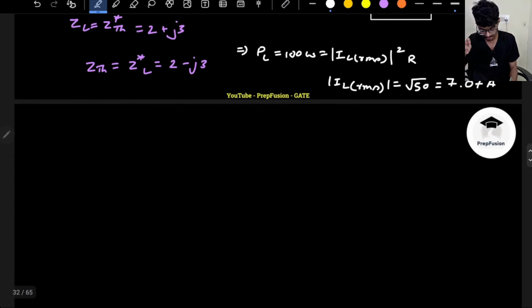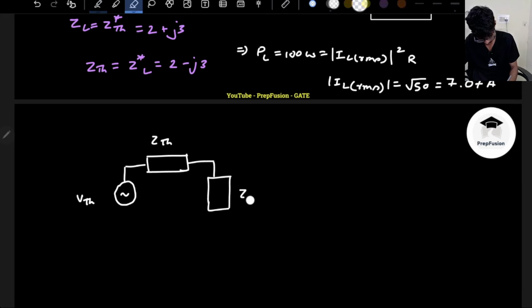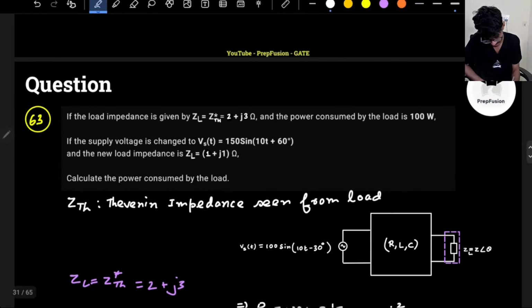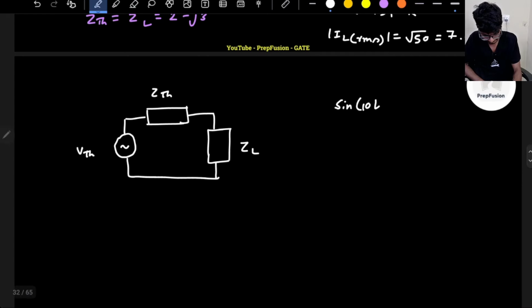Now I can replace my equivalent circuit with VTH. This will be my VTH, this will be my ZTH, and this will be my ZL. Remember, I have to assume a reference, so my reference is sine 10t.